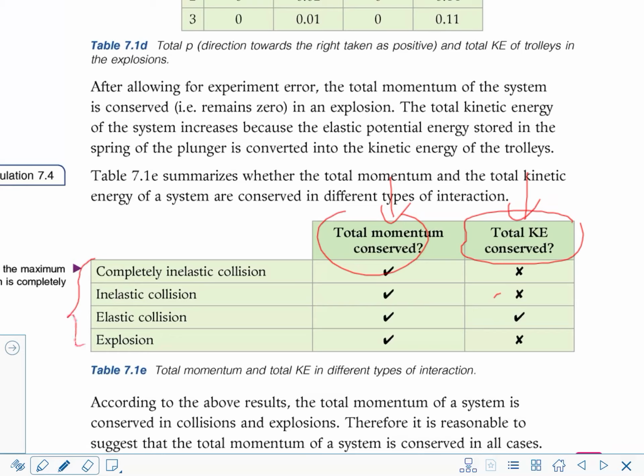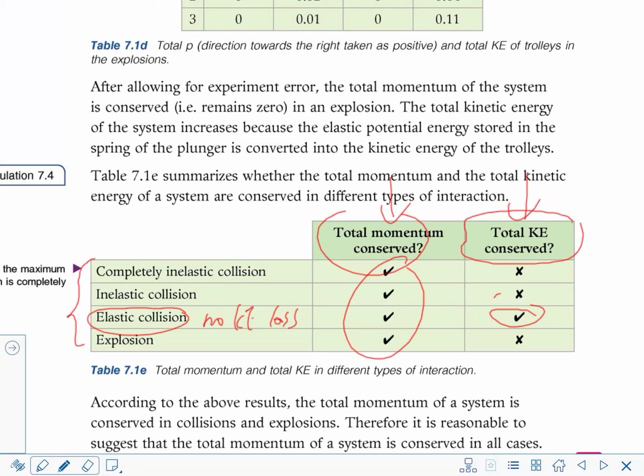For collisions, completely inelastic collision, explosion, for some conditions we can have total momentum conserved. But the total KE is only conserved for elastic collision, that means low KE loss.